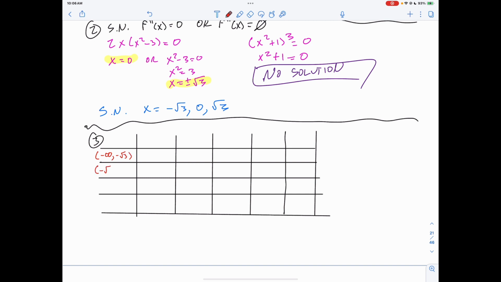We're going to go from negative root 3 to 0. We're going to go from 0 to positive root 3. And we're going to go from positive root 3 to infinity. We have our factors: 2x, x squared minus 3, x squared plus 1 cubed. And we have how that's going to apply for our second derivative and what that means for our original function.